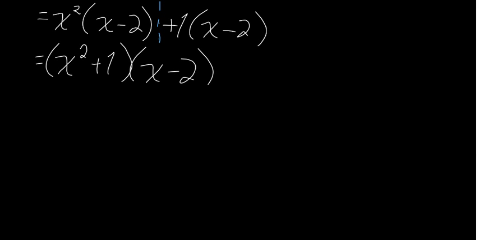Then if we solve this equation for x, the first one would be x is equal to a positive 2, which is this one. The other one looks like we're going to have an imaginary number. Again, all we're doing is setting each factor equal to 0. It's been a minute, so I'll write this out for you. We set x minus 2 equal to 0, and that's where we get x is equal to 2.